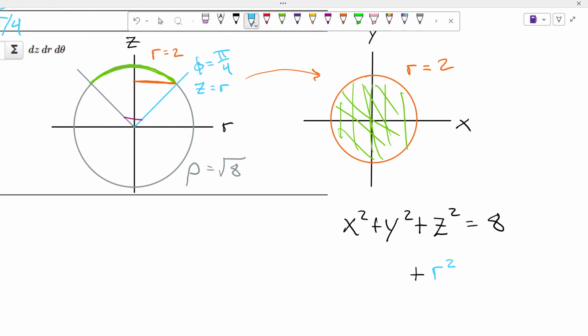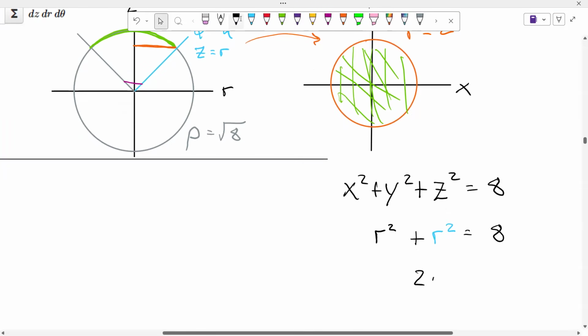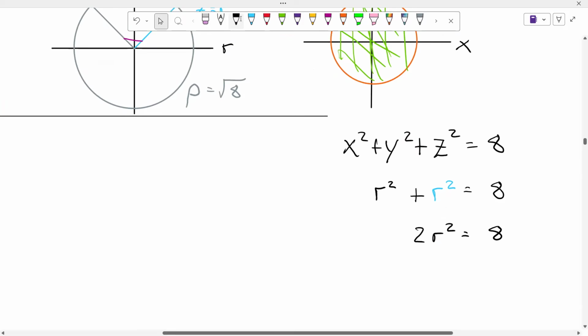That is my intersection part there. I know z is equal to r on the cone. So I'm plugging it into the equation of the sphere. From just regular old polar coordinates, I know x squared plus y squared is also equal to r squared. And that's equal to 8 because that was the sphere equation. So I've got 2r squared equals 8, which means r squared is 4 or r equals 2.